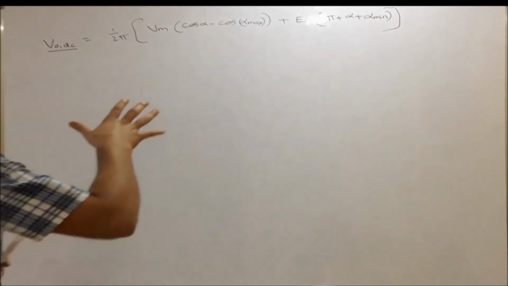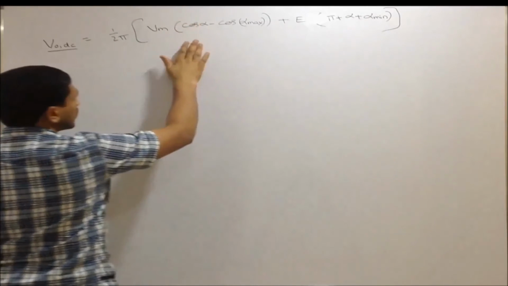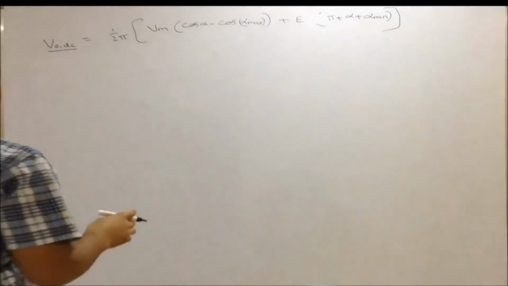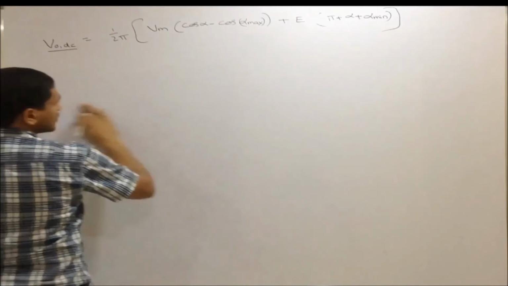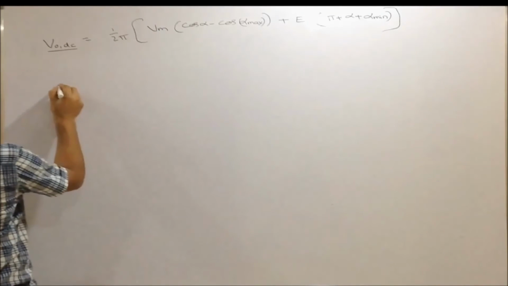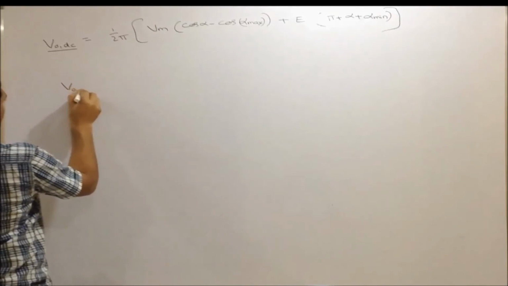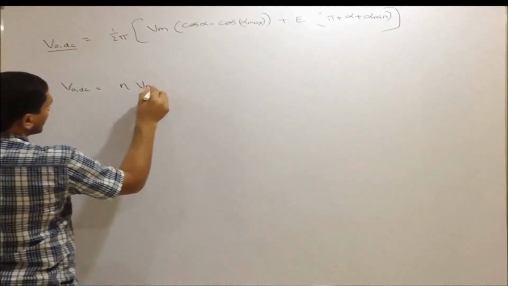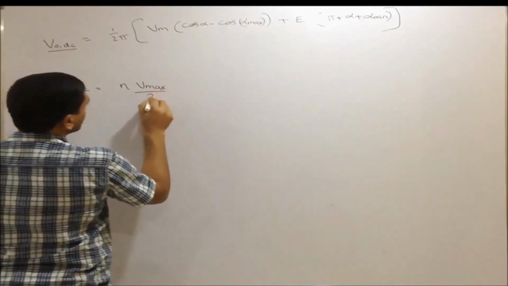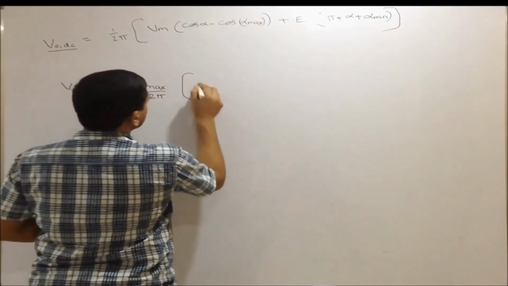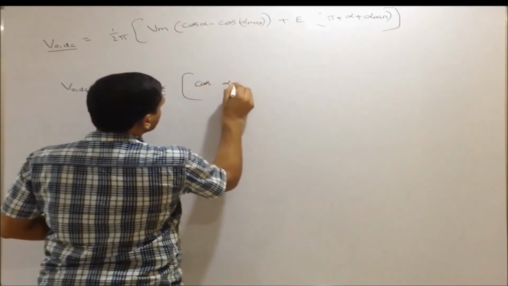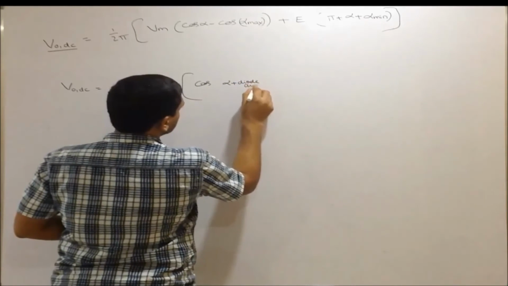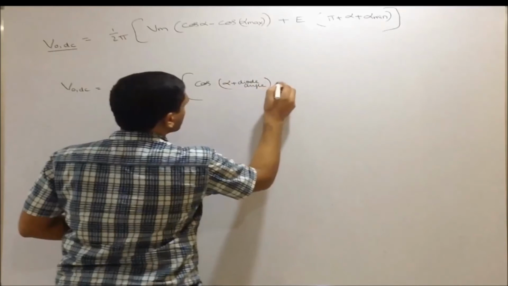This expression we have done through the integration. Now we will verify it through the generalized expression. Now we will recall the generalized expression. The generalized expression is V naught dc equal to n into V max divided by 2 pi into cos alpha plus diode angle minus cos beta.